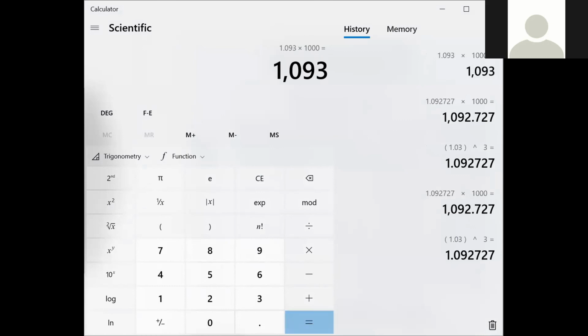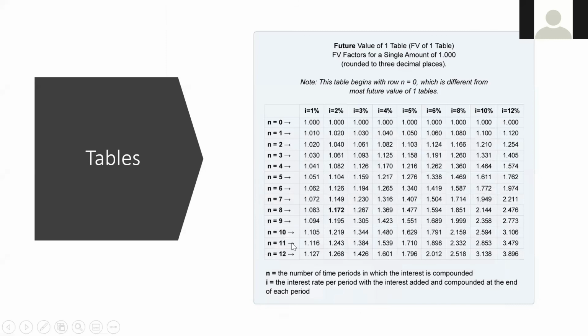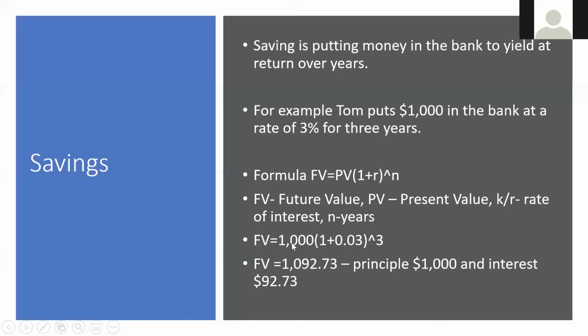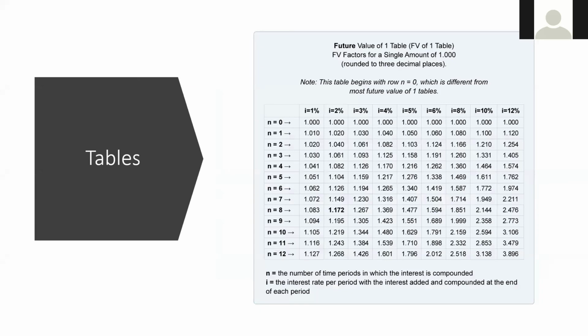Okay, so if we go back, we had 1,092.73. So basically 1,093 is just slightly rounded up. Okay? Perfect. I got you.